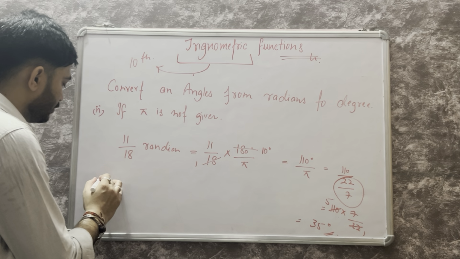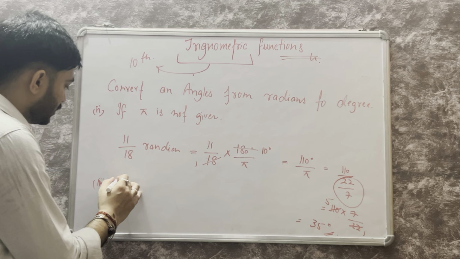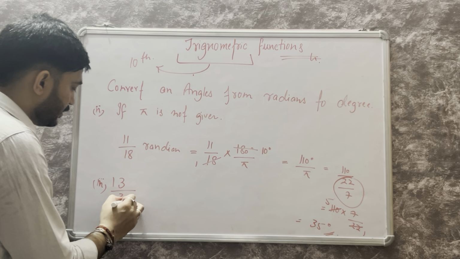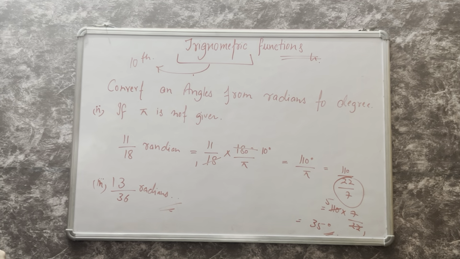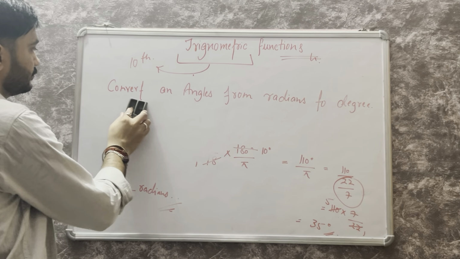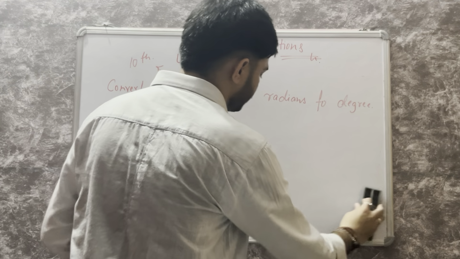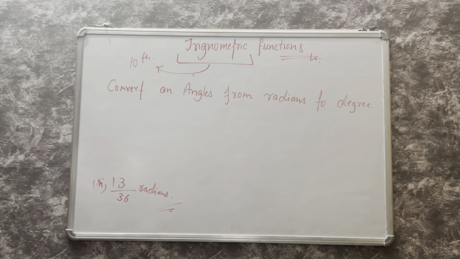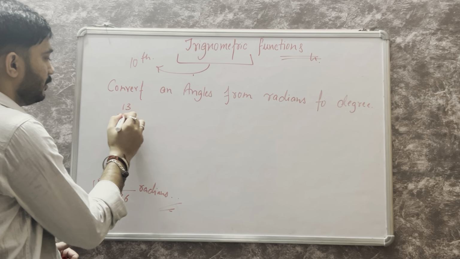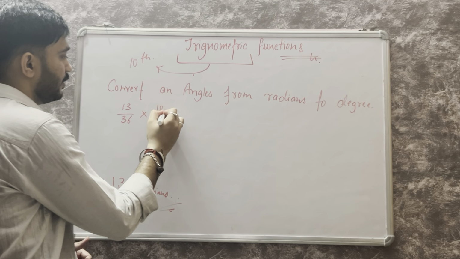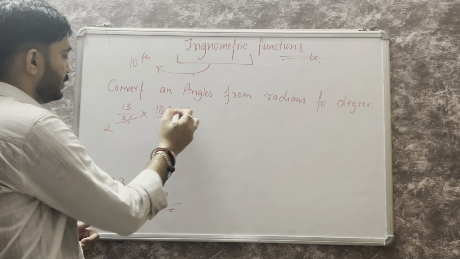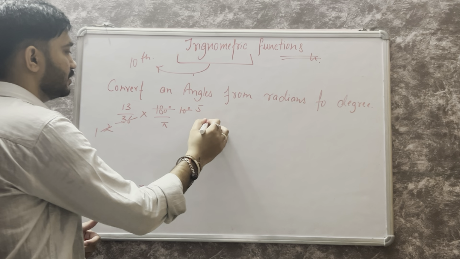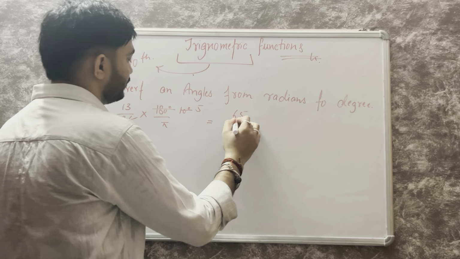Solve a question for me, that is 13 by 36 radians. So how are we going to solve 13 by 36 multiplied by 180 degrees divided by pi? 18 twos are 36, 18 tens are 180, 2 ones are 2, 2 fives are 10, 13 fives are 65 divided by pi.